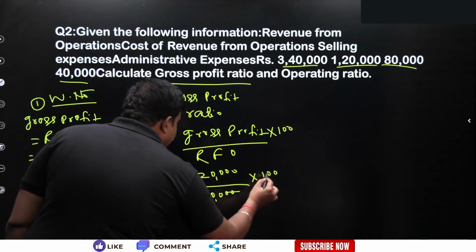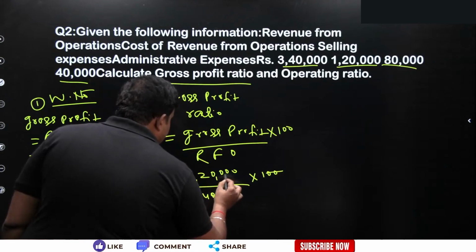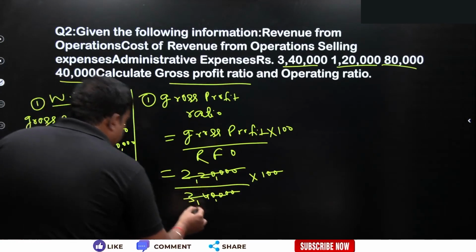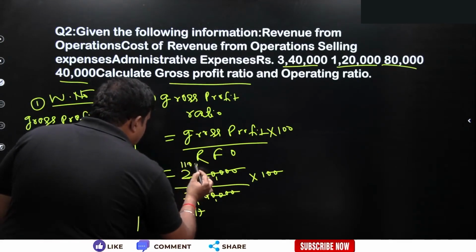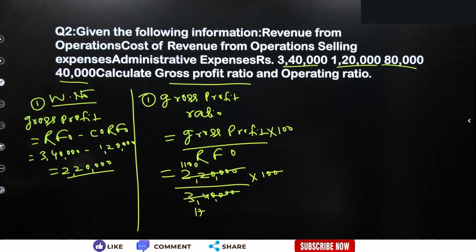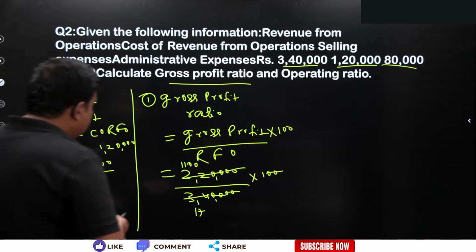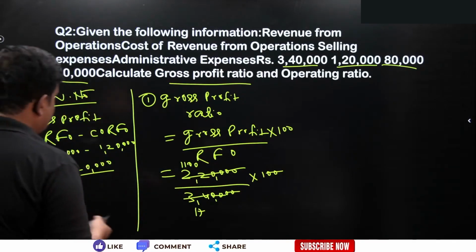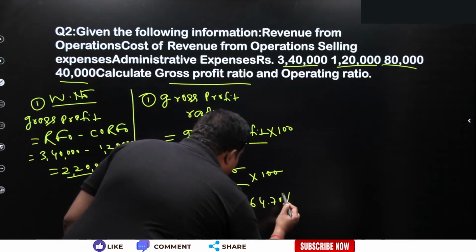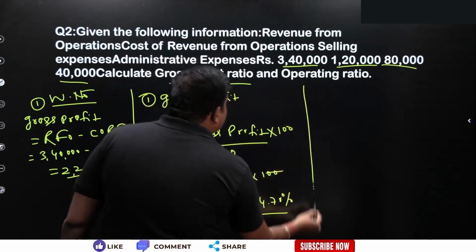So let's simplify this. Something comes in the decimal. So let's calculate this. So it's 1100 divided by 17. So this is 64.70%. Now we need to calculate the operating ratio.